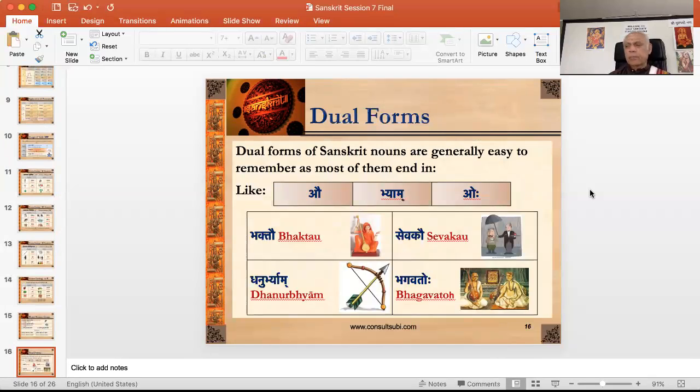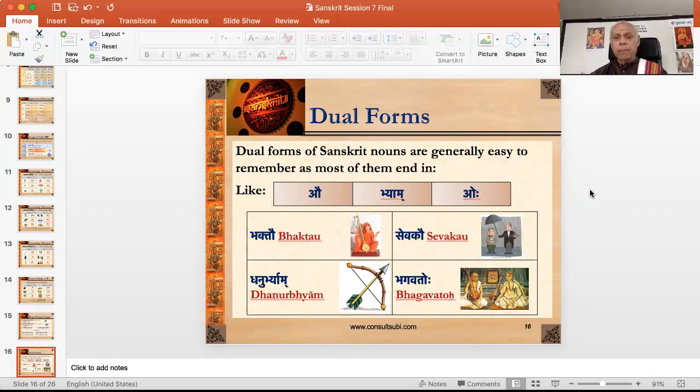Dual forms. Not used very commonly, but you should know how they're used. Like putraha, putrau. You use the ending au. Like bhaktaha, bhaktau. Bhaktau means two devotees. Sevakau. Sevakaha means a servant. Sevakau, two servants. You also use the ending bhyam for neuter, like a bow. Dhanuhu is bow.